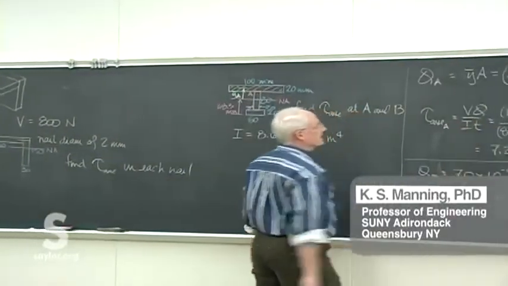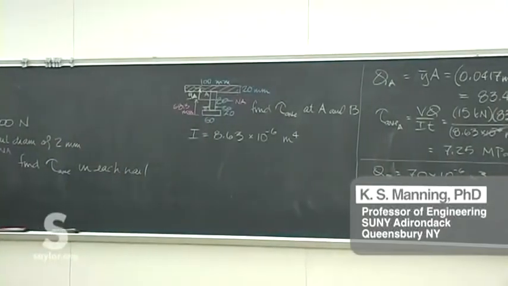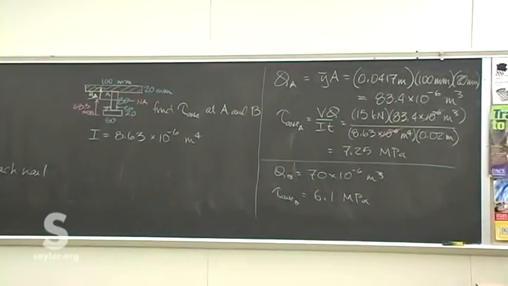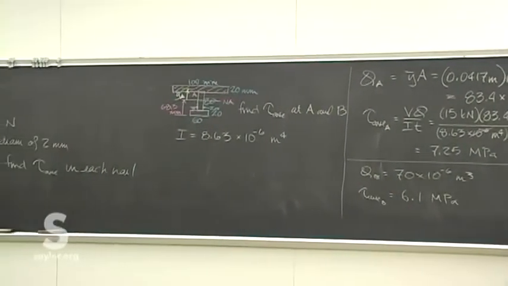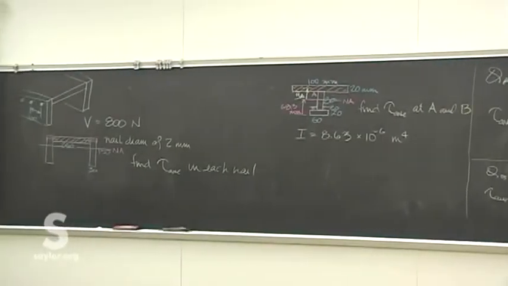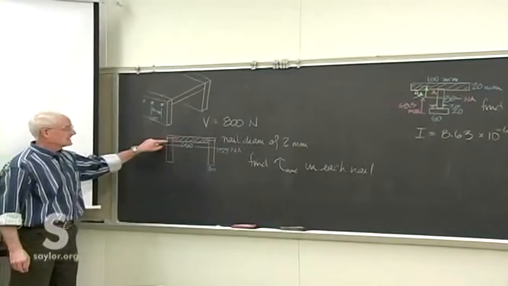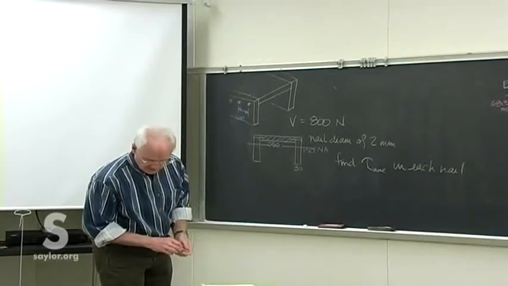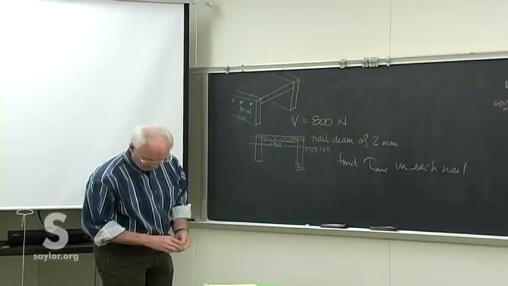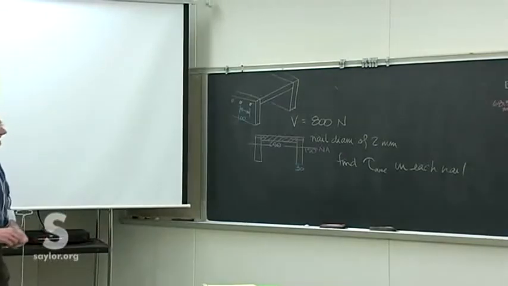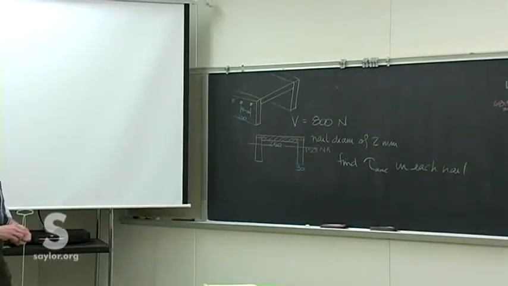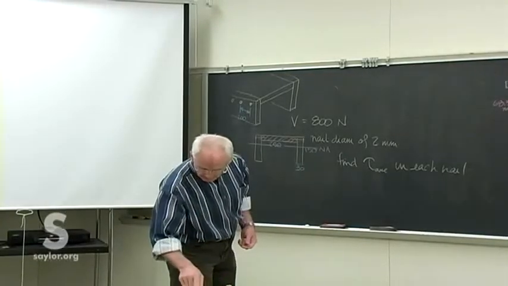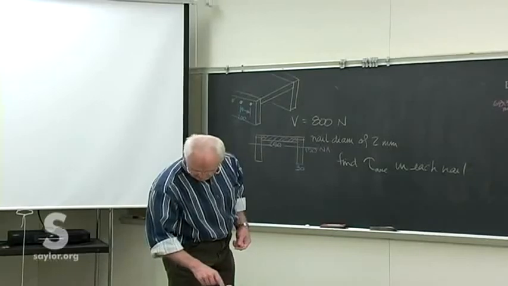Then you also need to find Q for the appropriate area, which, as I showed you with the box beam, is the same, just doesn't have the bottom to it, that area there between the 2 planes. We don't use the bit of the side because that's not supporting any of the shear that's going across those spaces where the nails are. All right, then with all that, you can find the average shear stress per nail.